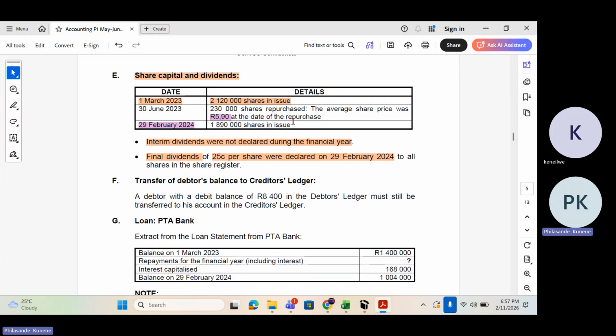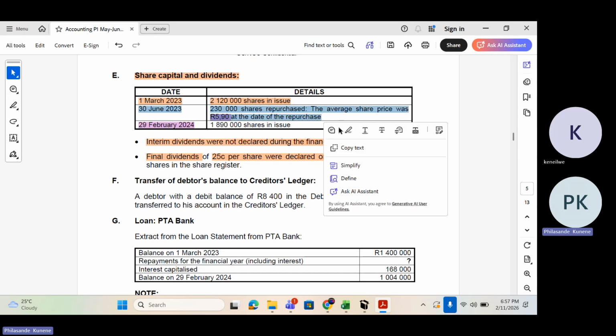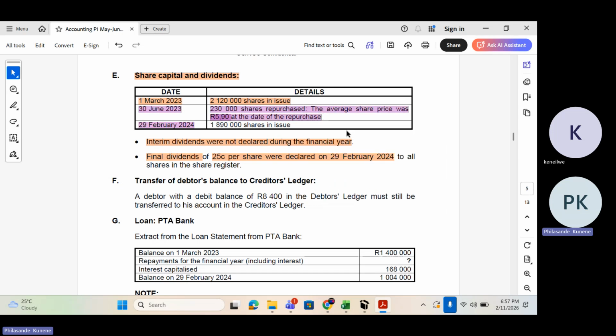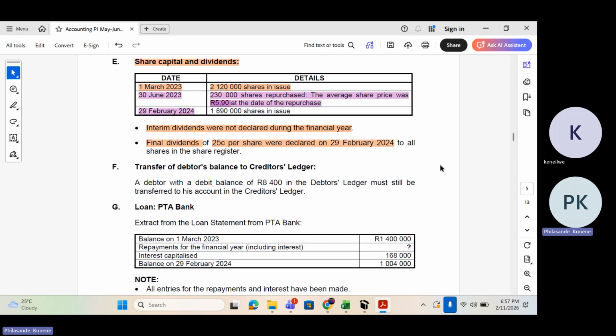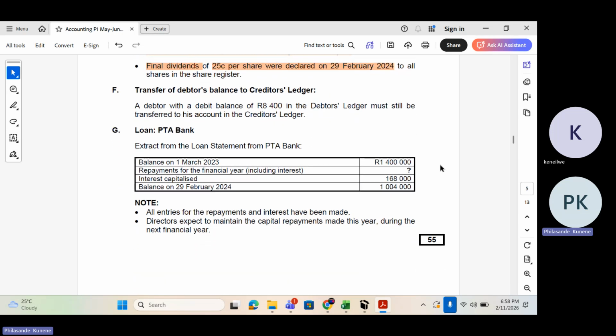So it won't be possible for us to calculate retained income from the information provided, because of this share buyback amount that we don't have. They only gave us the average share price, but we don't know at how much we bought back the shares, which makes it impossible to calculate. As a result, we're just going to move on with our information.